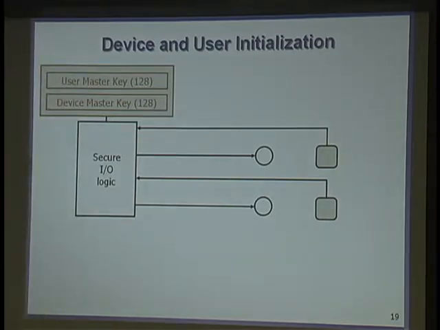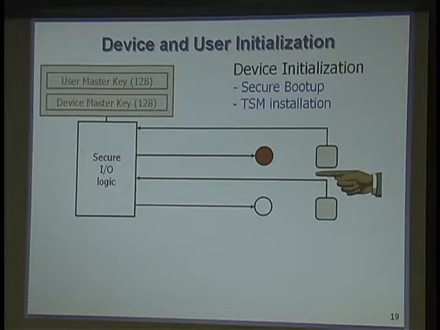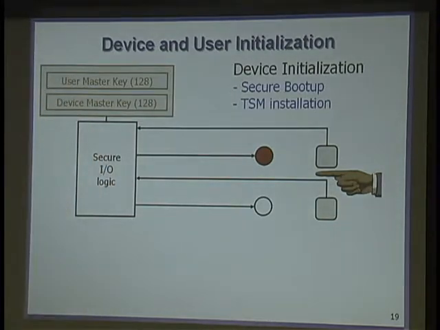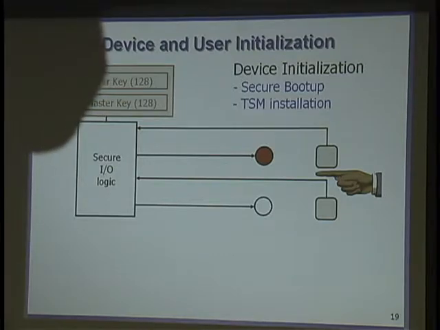So, there are many ways to initialize the device, and there are many ways to use the device. But here's one of the most simple ways. There are two LEDs and two buttons, and initially one says whether the device master key is ready and the other says whether the user master key is ready.